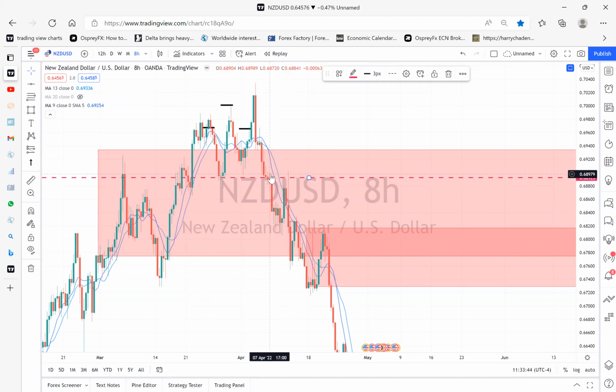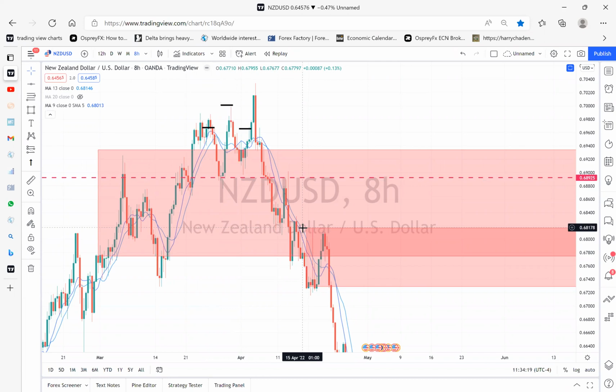It pulled back here to let you in, and it pulled back here to let you in. Either one of these two trades paid you more than if you had got in here, because here you didn't have a clue it was going to shoot down. But here you knew this is the area you're looking at for an entry, and you get one, two, three opportunities.